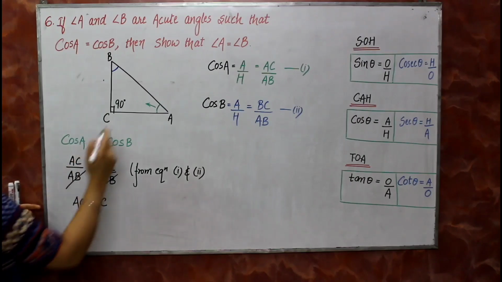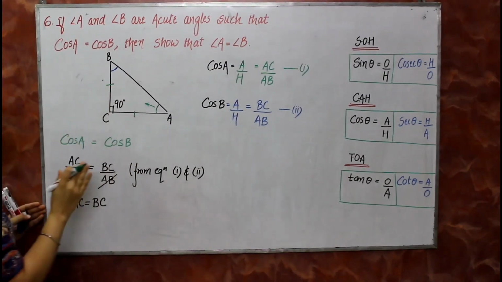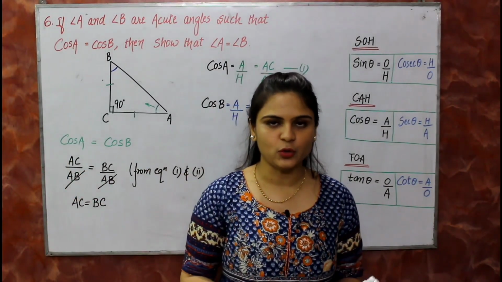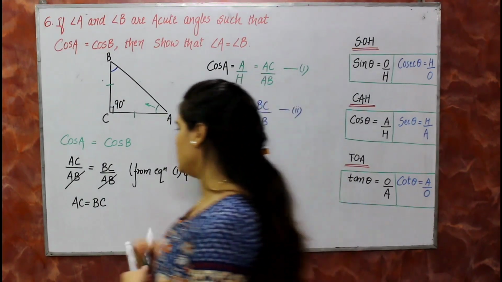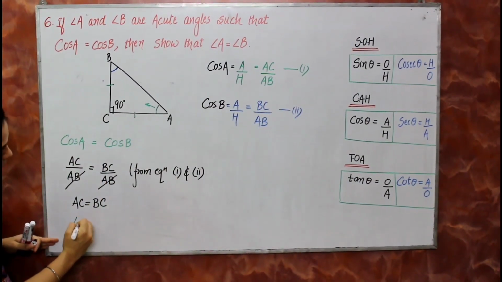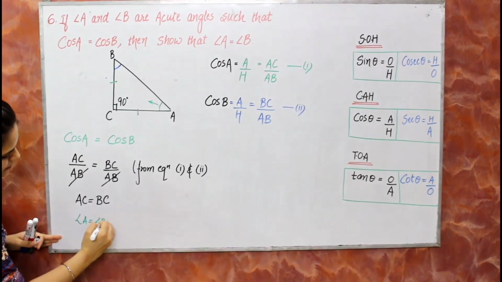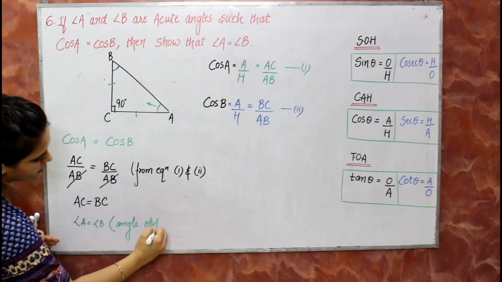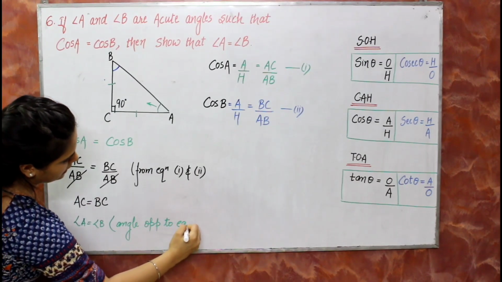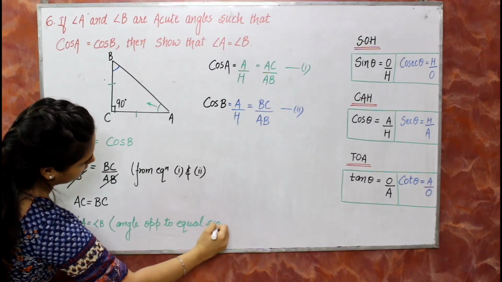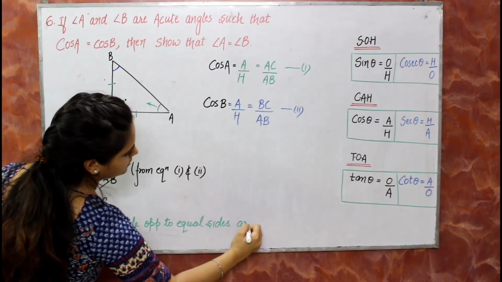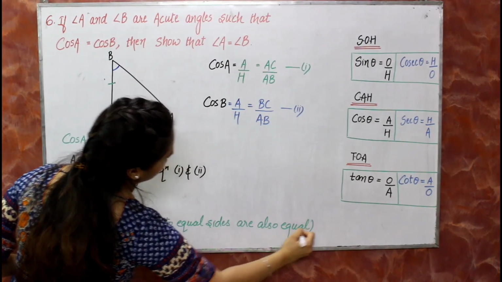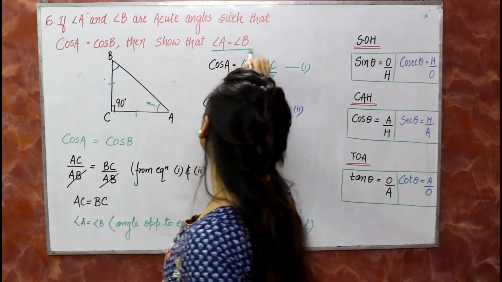If you see, the sides AC and BC are equal, and we know if two sides are equal, the angles opposite to equal sides are also equal. That means angle A will be equals to angle B, because reason we will write here, angles opposite to equal sides are also equal. So we have proved that angle A is equals to B.